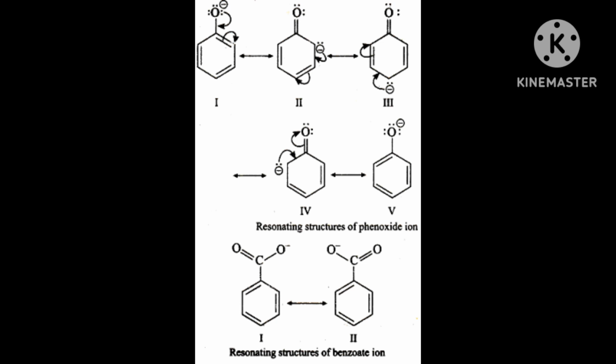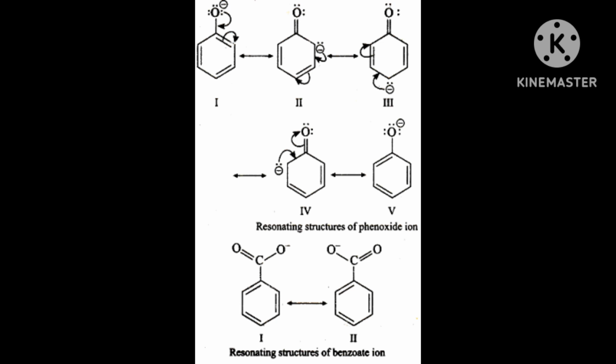Now this lone pair of electrons will make a bond with the next carbon, and from that carbon to the next there is again a double bond. When a new double bond forms, the old double bond will break.